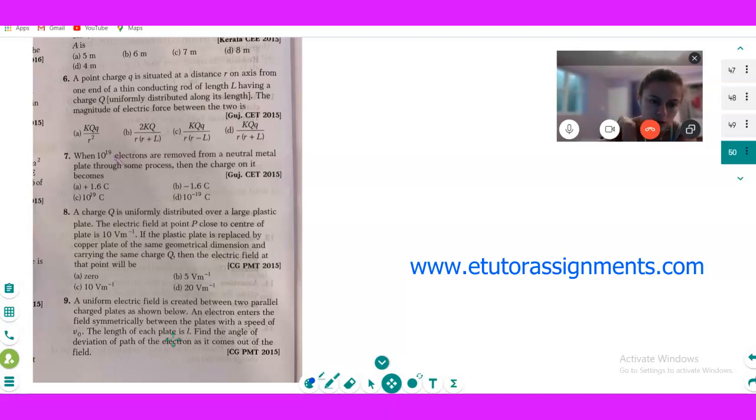Charge Q is uniformly distributed. This question is easy. Charge Q is uniformly distributed over a large plastic plate. Electric field at point P close to center of the plate is 10 volt per meter. Yes, this 10 is volt per meter. Please mind it, this is also a unit of electric field.